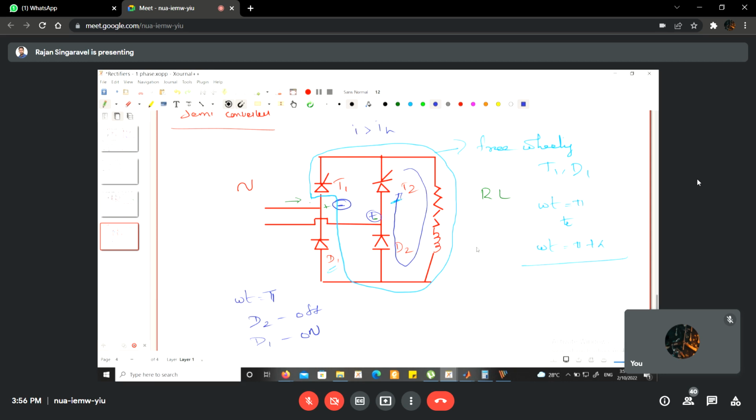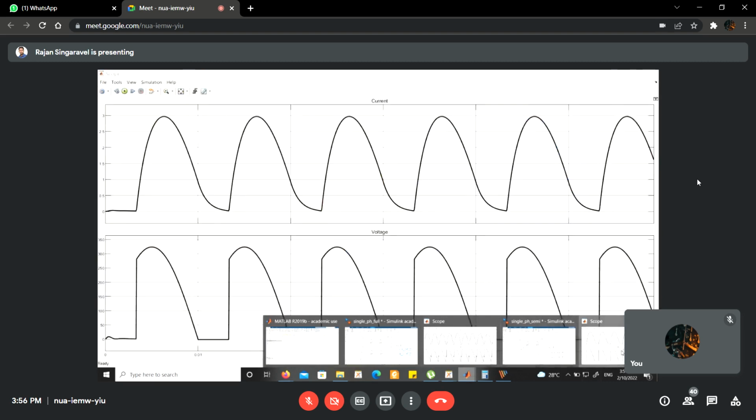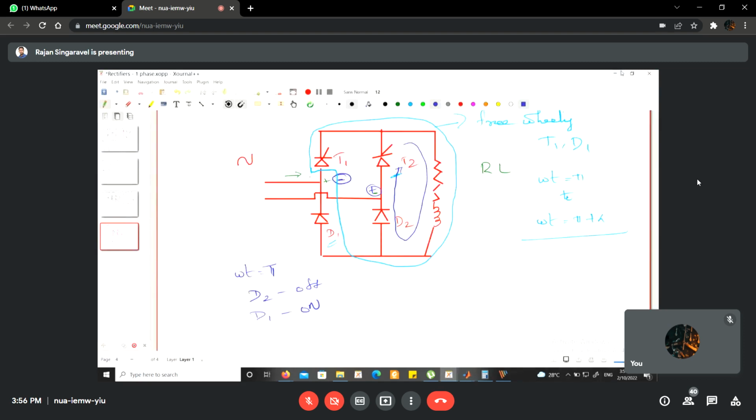I'm drawing the equivalent circuit here. Current is still positive, but the voltage is negative at the same time, right? Please look at this diagram. The current is positive, but voltage is, sorry, voltage is zero, right? The reason is that during this particular interval, the equivalent circuit is something like this.